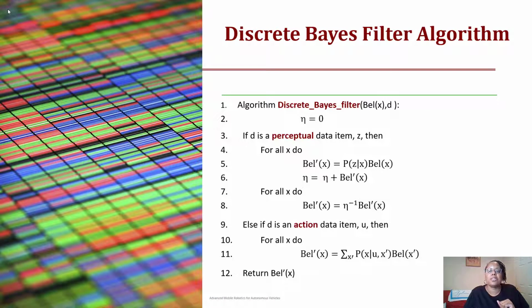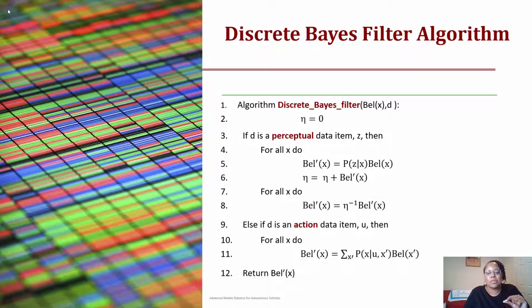The algorithm to do this is given by the following. Assume that you have a function, discrete Bayes filter, that has an input that says, what is the probability of a posterior belief that I am in this state given this data point? First I initialize my normalization constant to be 0.